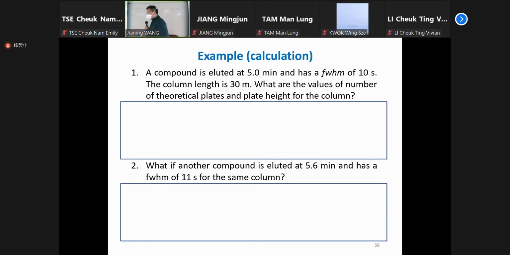I'll give you 10 seconds to try to recall the formulas you just learned.